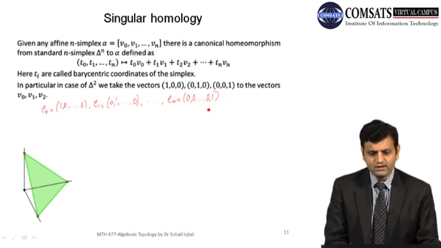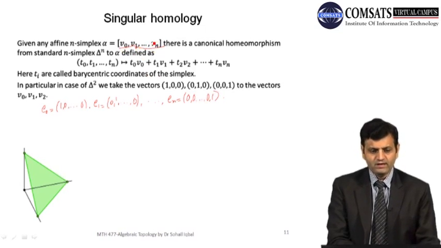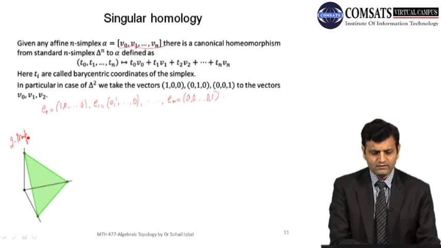But if we take any points V0, V1 up to Vn to be the generating points of the n simplex, then what is the relationship between any n simplex and the standard n simplex? Let's consider this example, a 2 simplex in R3.